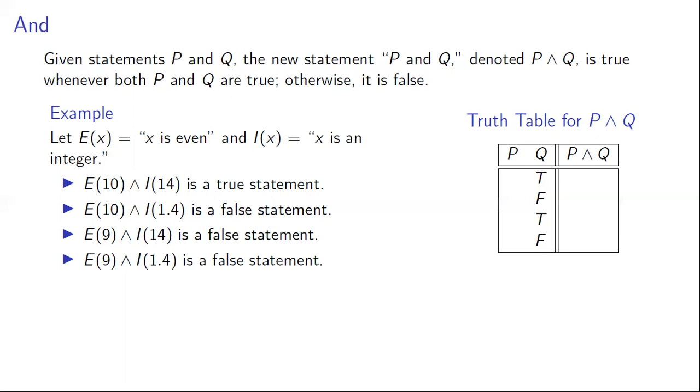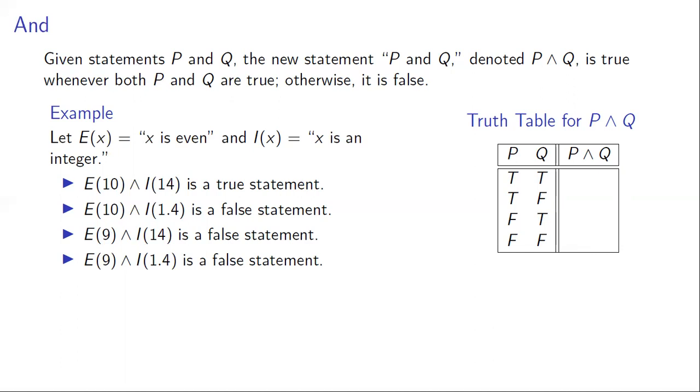Then for P, we do something similar, but not exactly the same thing. For P, we do groups of 2: true, true, false, false. Now, if you look through these 4 lines, TT, TF, FT, and FF, these cover all possible combinations of truth values that are assigned to P and Q.